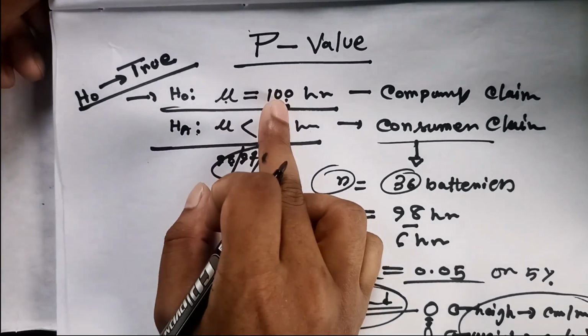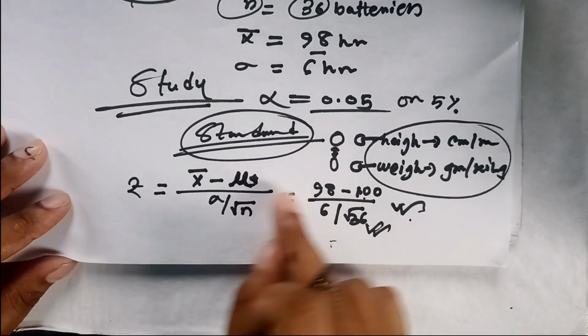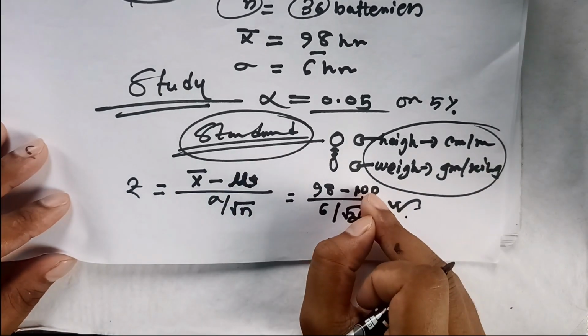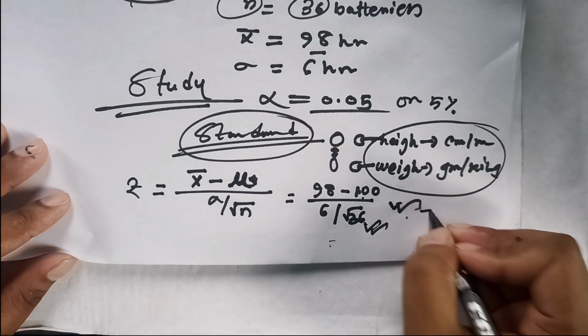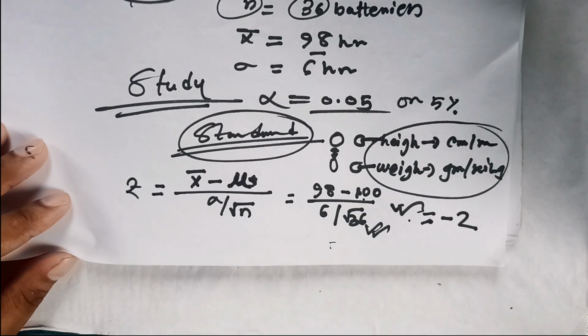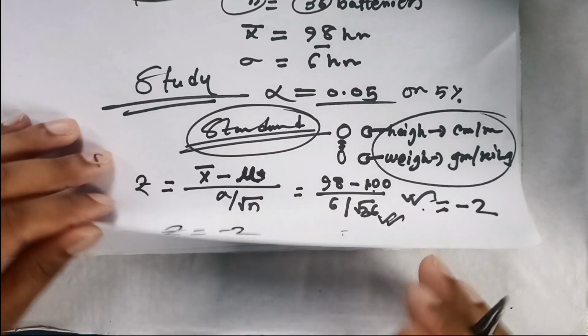So we consider the null hypothesis to be true. That's why in the standardization mu is 100. And if you calculate this, you will get -2. We got our z equal to -2. That is what we got.